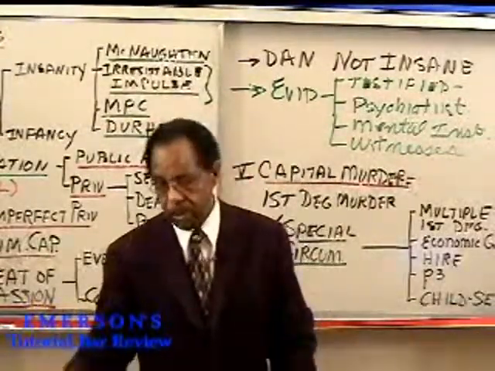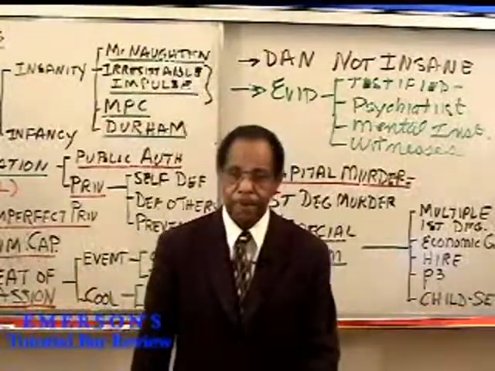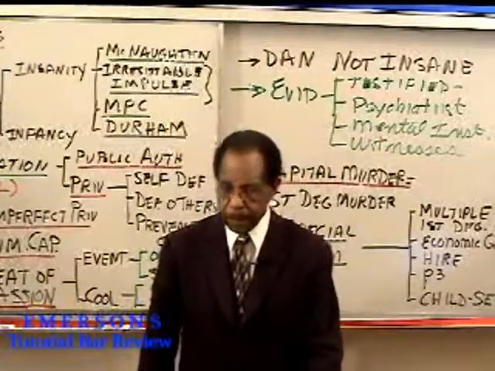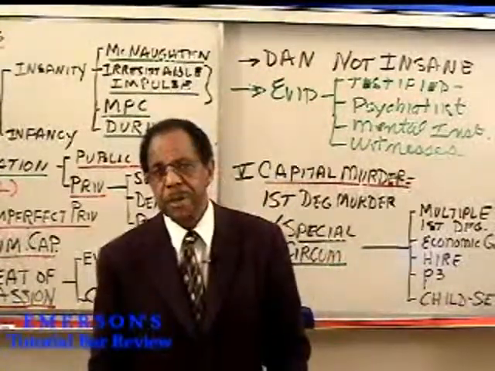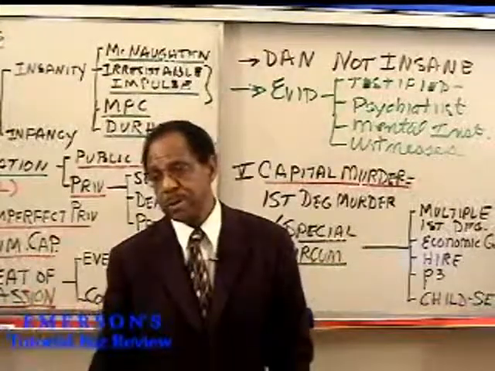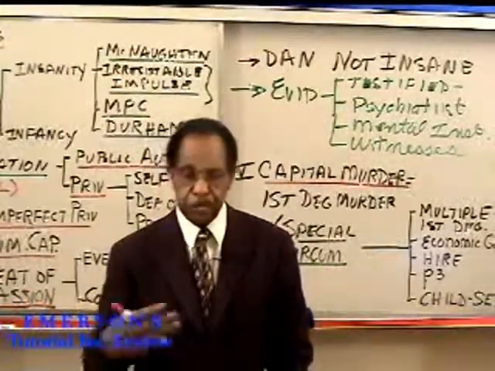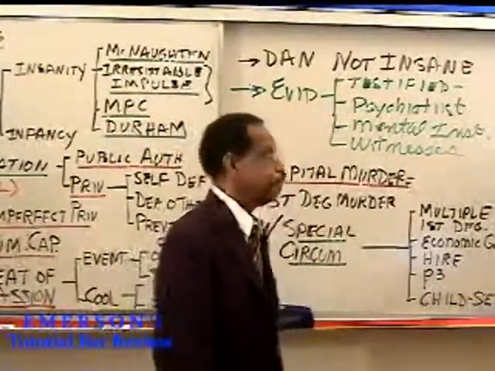So this guy has been working. He's working in the grocery store, making a living. The nature of his illness doesn't show he doesn't know what he's doing, and so forth. So the prosecution would just make, whatever the rule is in that jurisdiction, the prosecution would have to prove that that didn't happen.